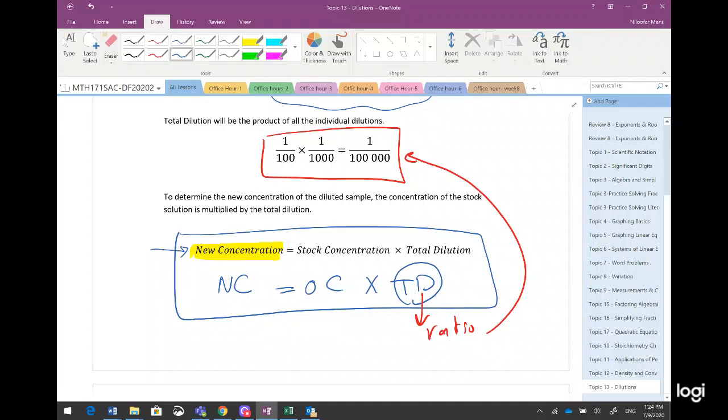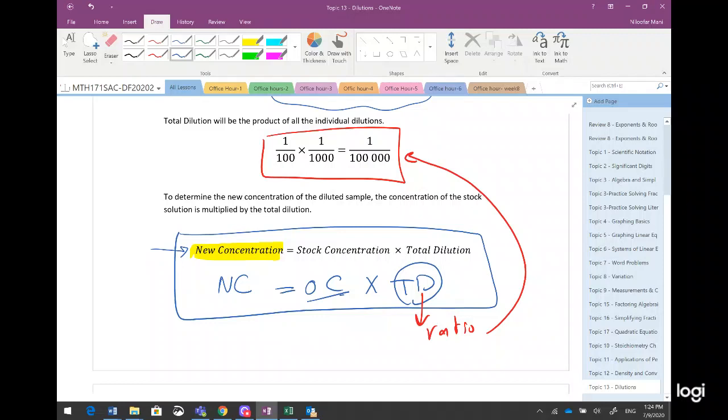Then you would say, oh, if I multiply something with old concentration, then it will be bigger, not smaller, but I want the new concentration to be lower because it's dilution, I'm reducing. Listen, total dilution is not just a number, it's a fraction. It is a ratio. Look at this, it's 1/1000, 1/100,000.